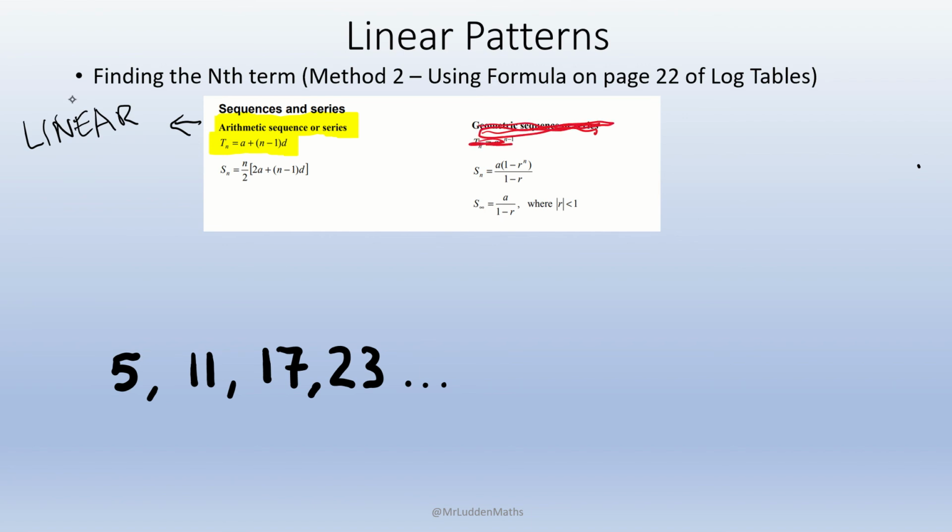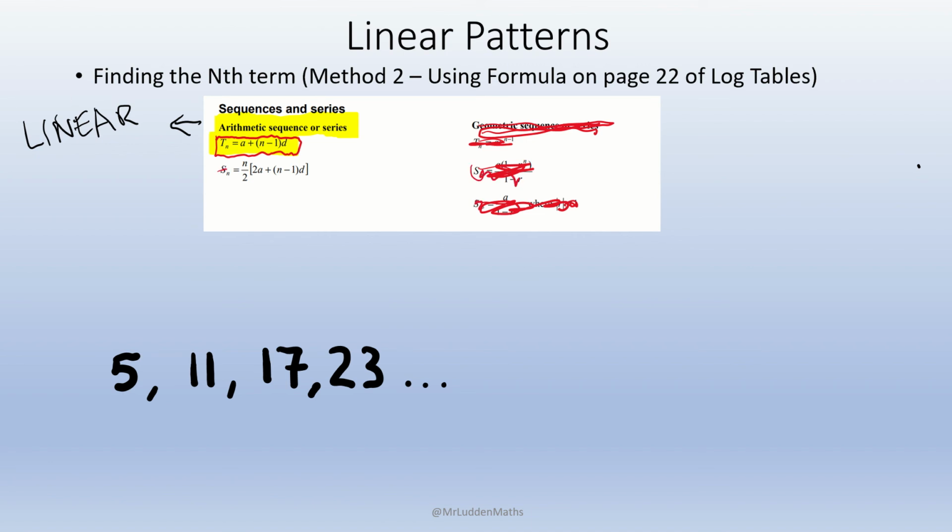So you don't need this, you don't need this, and you don't need that. Also, you'll notice on the left hand side here, Tn is what's given to you to find your nth term. You also have another formula below it, Sn. Sn is the sum of all your terms when you add them together. That doesn't tend to be asked at junior cert either.